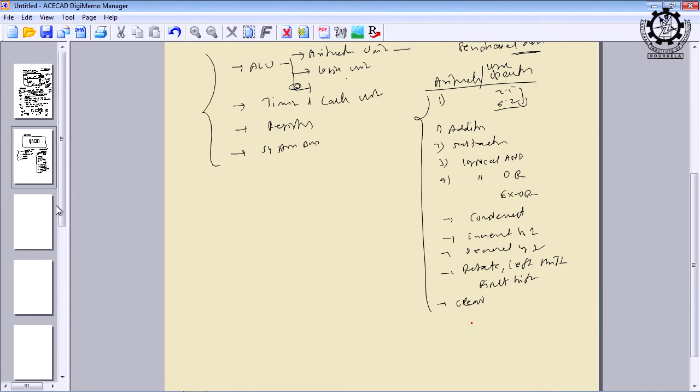The only thing you have to know is the syntax, how to write the assembly language code for each of these operations. We are not supposed to write the hex codes, because the manual and the instruction sheet will be given in the laboratory class, and the theory exam will never expect you to write the program in hex code.